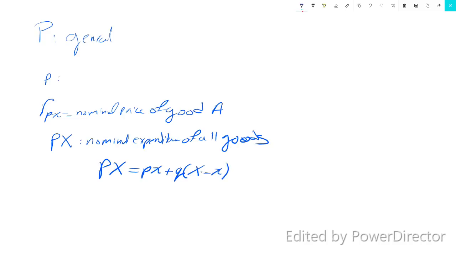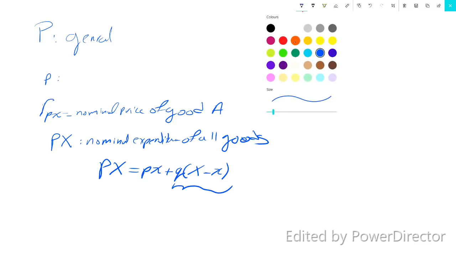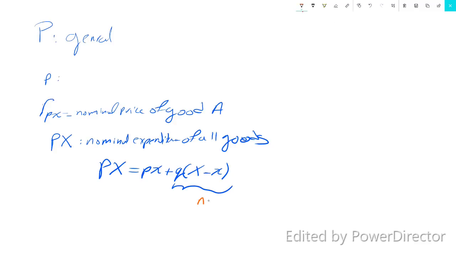So when you multiply these two by one another, the price that you're going to get is basically the nominal value of everything except good A.